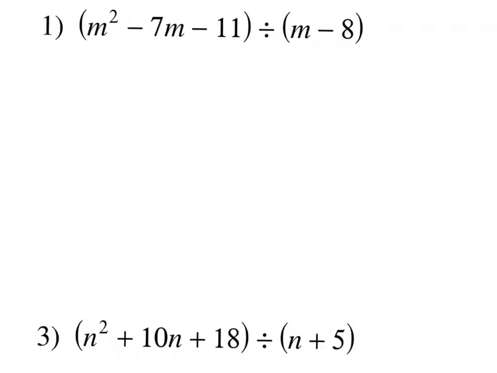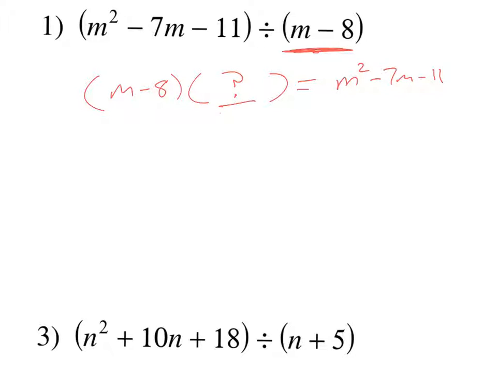So what we're doing is we're asking ourselves: m minus 8 times what polynomial is going to equal m squared minus 7m minus 11? That's the big question.